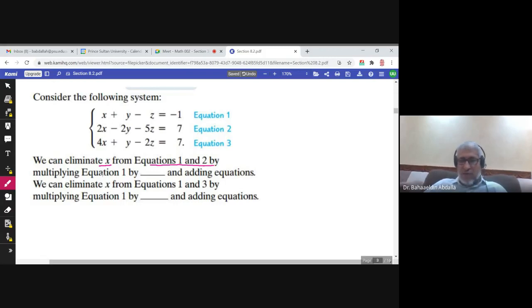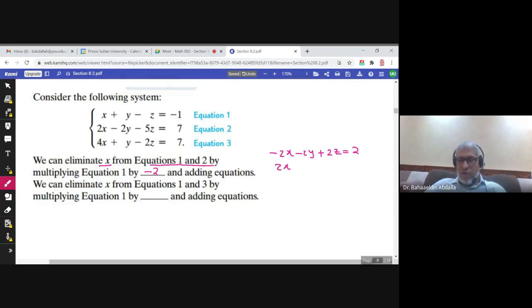So you can multiply equation 1 by -2. If you multiply equation 1 by -2, you will have -2x minus 2y plus 2z equals -1 times -2, that's 2.